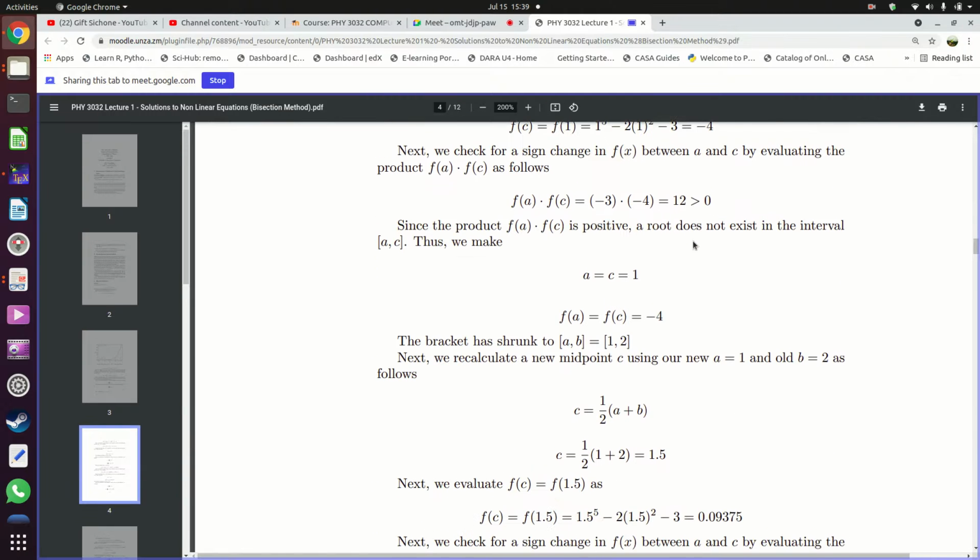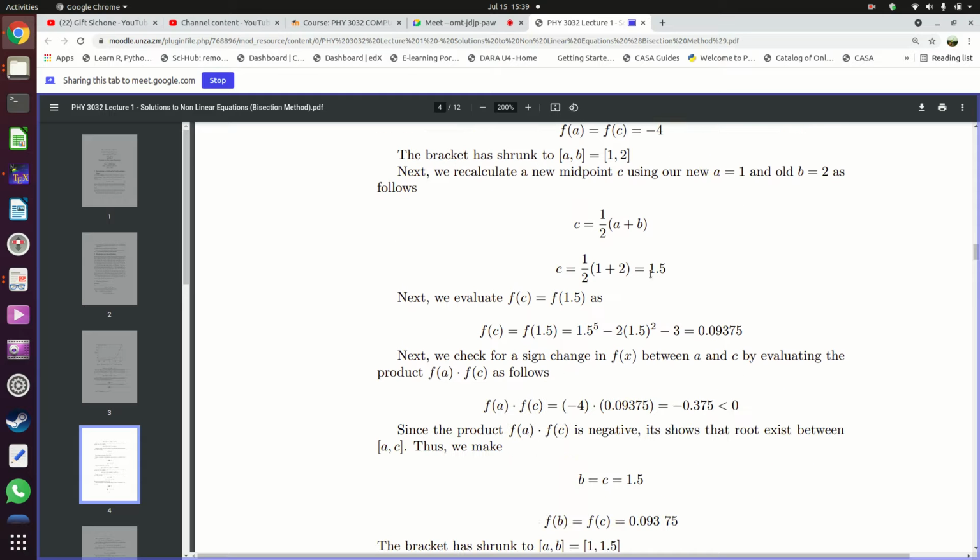After finding our midpoint as 1.5, the next thing you do again is find out the value of the function at this new midpoint you have. What is f of c? In this case, f of c is equal to f of 1.5. It's going to be 1.5 to the power 5 minus 2, 1.5 to the power 2 minus 3.